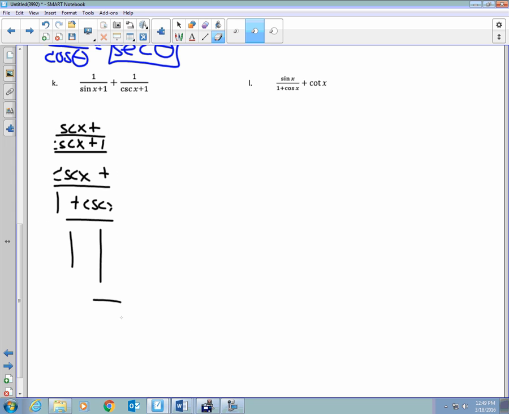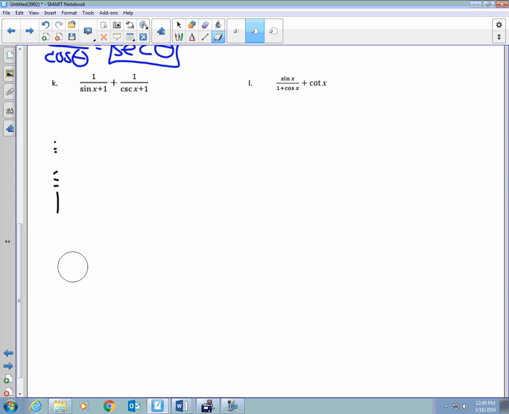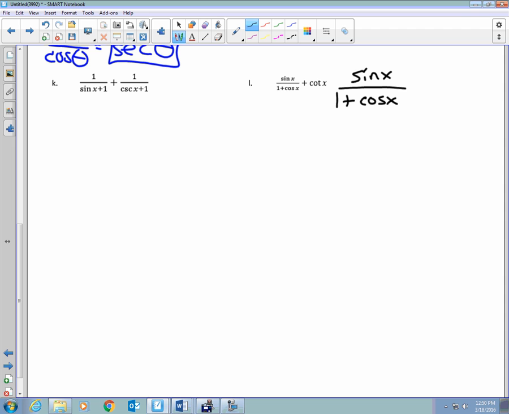All right, for our last problem, L. I do not have at this time a denominator, so I'm going to write it as sine of x over 1 plus cosine of x plus cosine of x over sine of x. Now I've got two denominators.